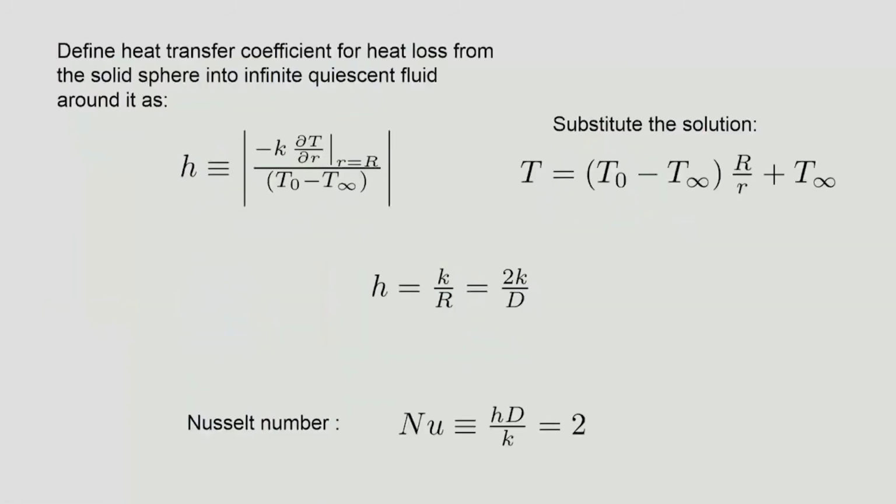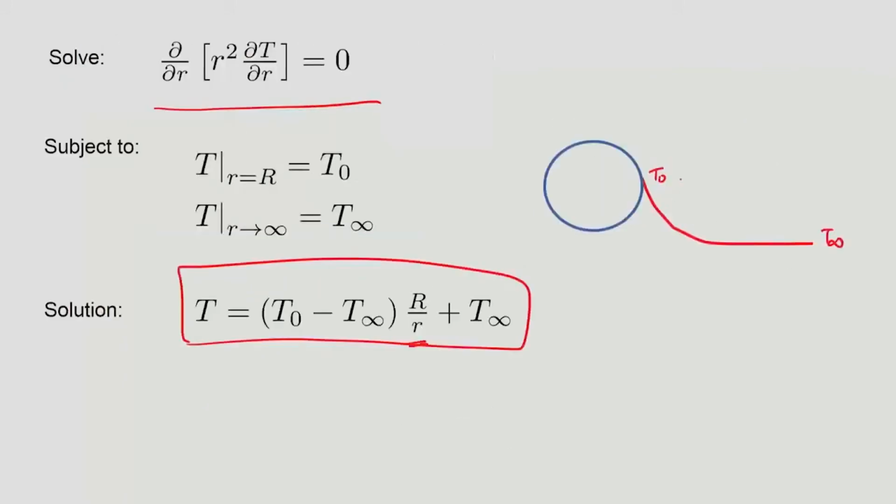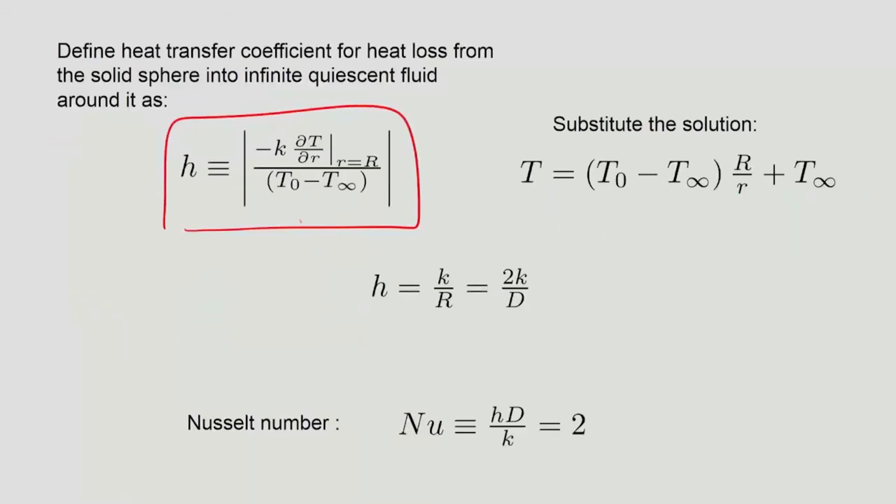Okay, and this solution can then be used to define the heat transfer coefficient and then inspect what would be the Nusselt number. So, the heat transfer coefficient is defined as the conductive heat flux divided by the delta T. Now, the delta T here is quite obvious, it is nothing but the difference between these two, which is basically T naught minus T infinity. So, we use that in the denominator, and the conductive heat flux away from the sphere is given by minus k dou T by dou r, evaluated at r equal to capital R, and this is the solution that we have for the temperature.